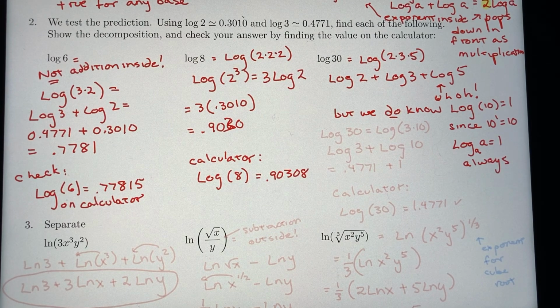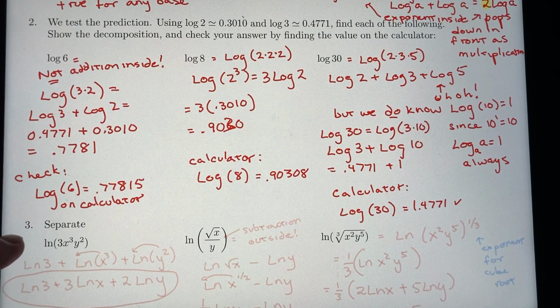So I'll split 30 up into 3 times 10 instead. And remember, it's multiplication inside, and so it's addition separately. Okay, and the calculator agreed.